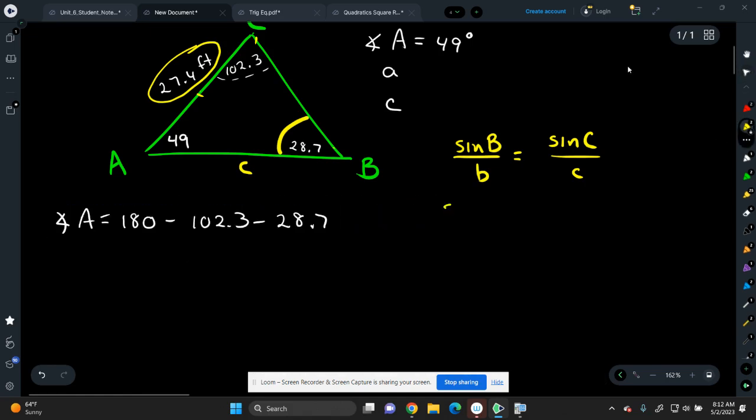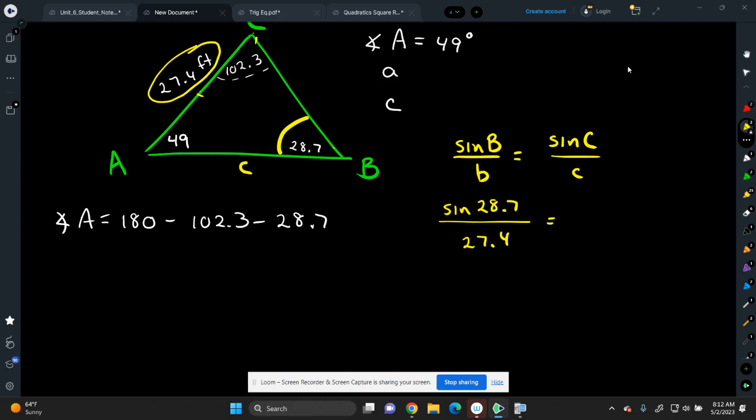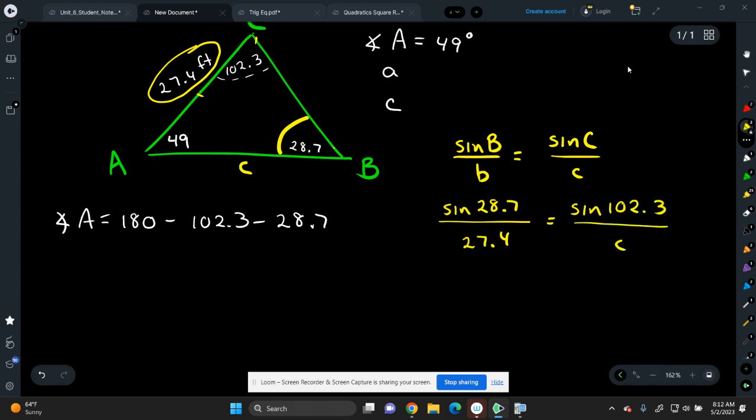So we have sine of angle B, 28.7, over side B, which is 27.4, and that's equal to sine of angle C, 102.3, over side C.